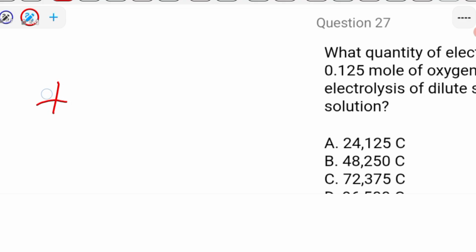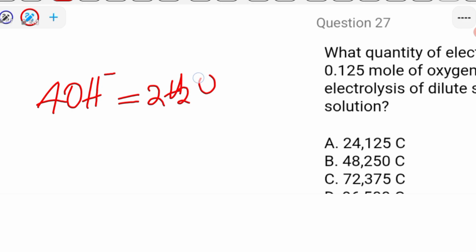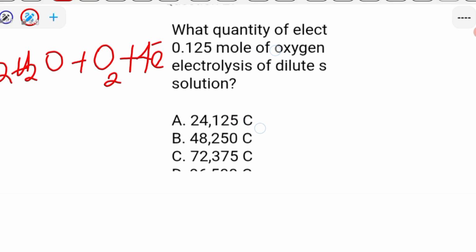So you have 4OH minus giving 2H2O plus O2 plus 4e minus. So 4 moles of electrons are always used anytime oxygen is given off in electrolysis. So you're going to use 4 Faraday.